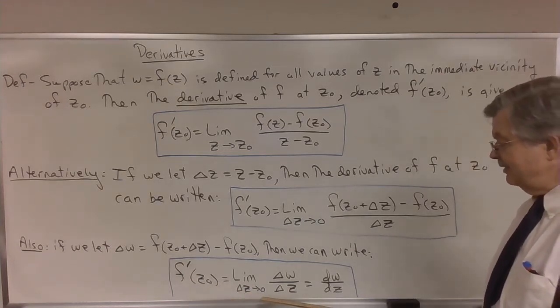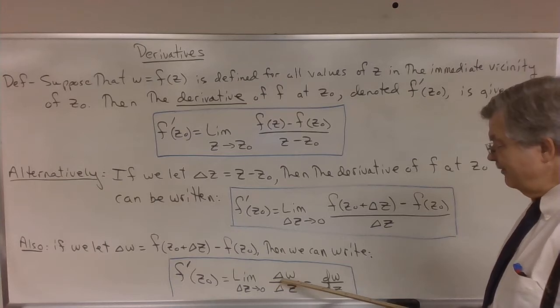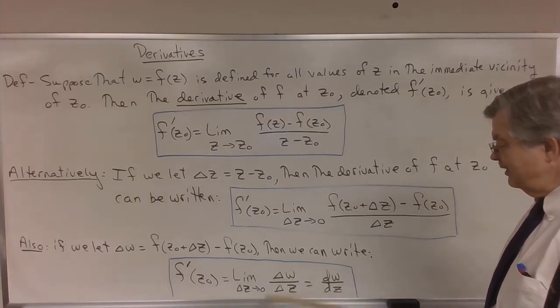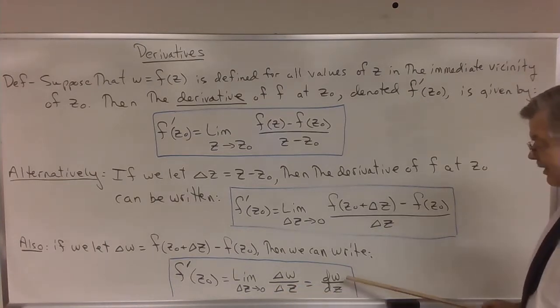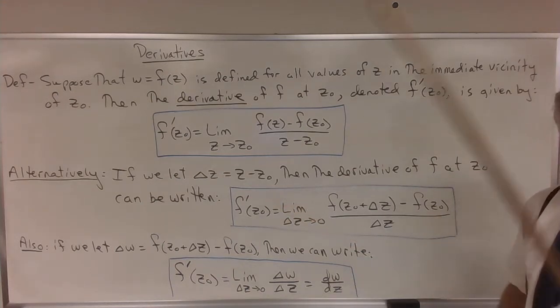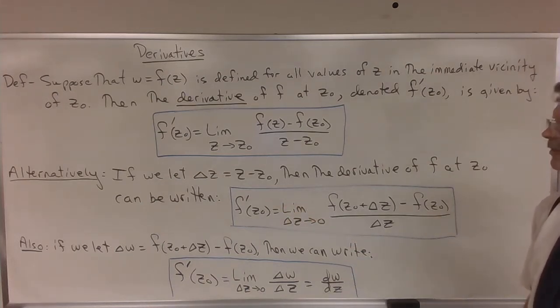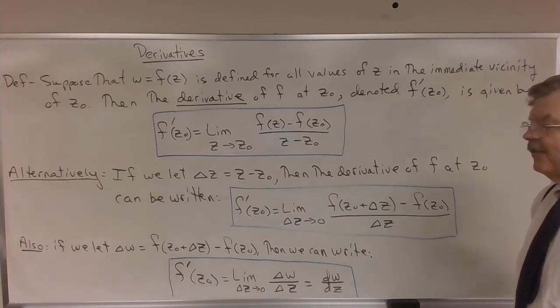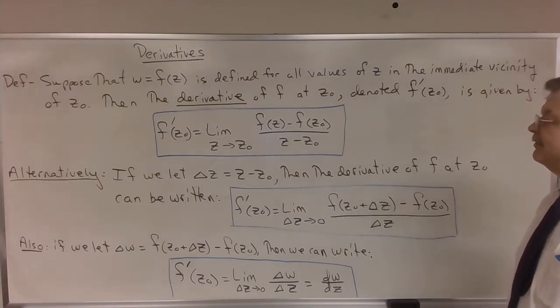The limit as delta z goes to 0 of delta w over delta z, and we denote that dw dz. I'll give you a second to look at that before we put these definitions to work.